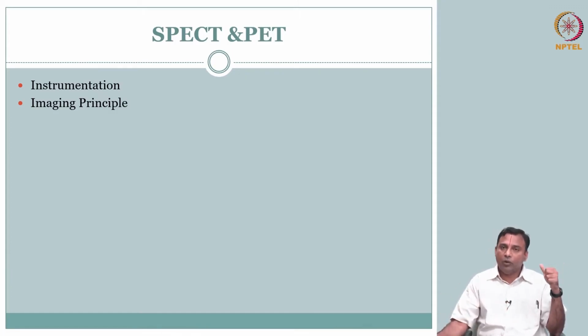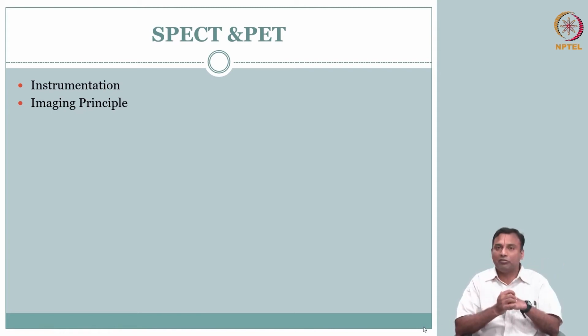Similarly, we have now done the physics of gamma rays, and then the radioactivity aspect, and then we covered the projection scintigraphy or planar scintigraphy, very analogous to your projection radiography.